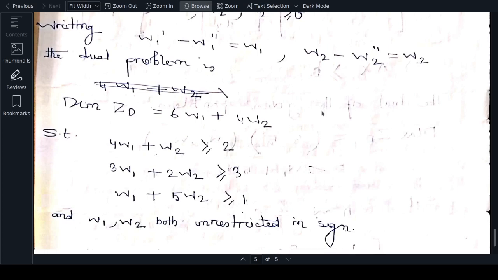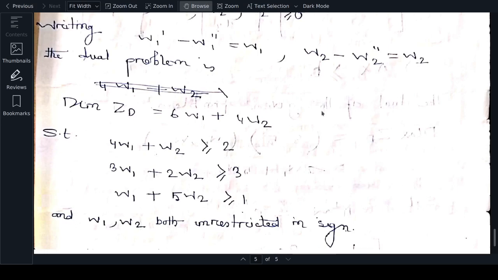Then these will be interchanged with the coefficients of the objective function, so this will be the objective function of the dual: 2, minus 6, minus 4, comma 4, then w1, w2, w3', w3''.